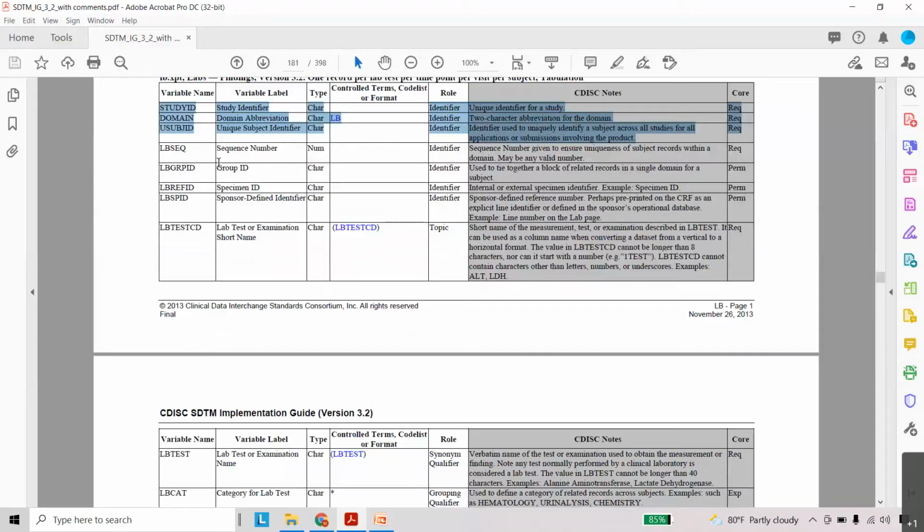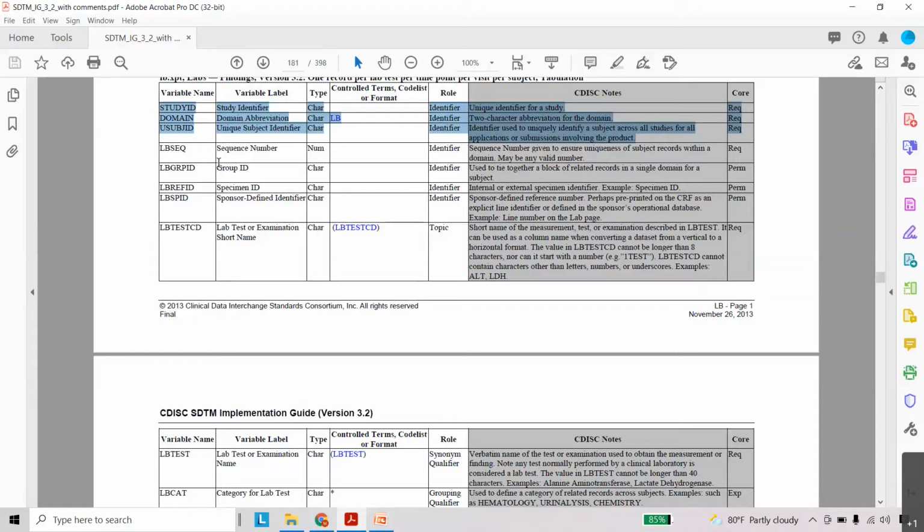It is a sequence number for a particular subject, based on the date and based on the test. It is an easy way to say it is the sequence number given to a particular subject when he takes the medication and starts giving samples for analysis, and this is a required variable.